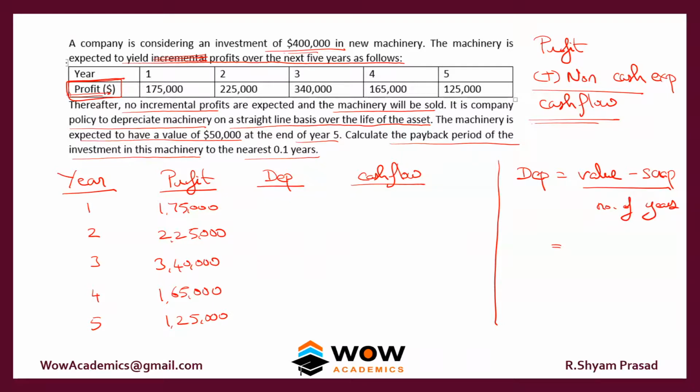The value of the machinery is 4 lakhs minus the scrap value of 50,000, divided by the total life of 5 years. So 3,50,000 divided by 5 will give you 70,000. So 70,000 per annum is the depreciation. Add 70,000 to all the numbers here and you will get the cash flow.